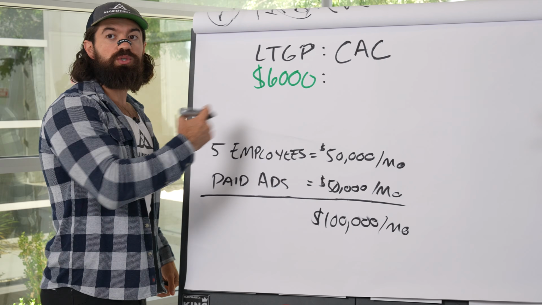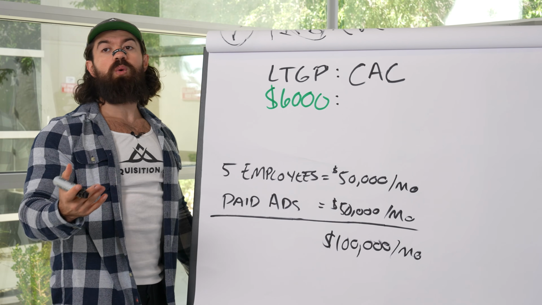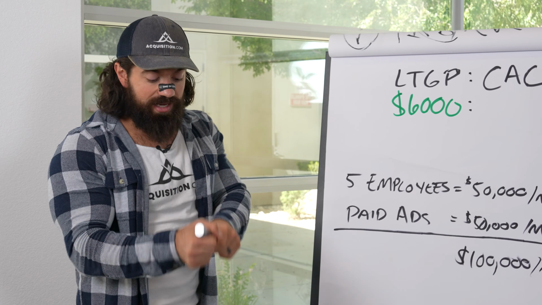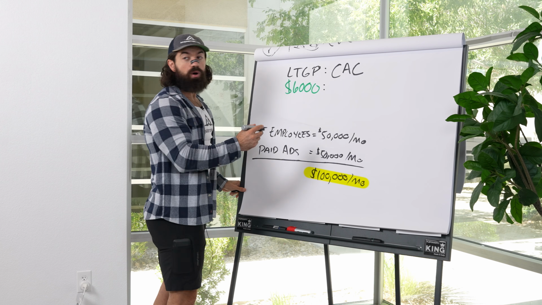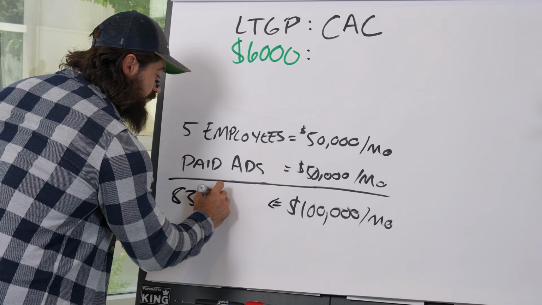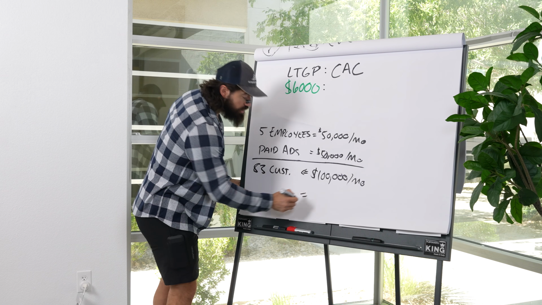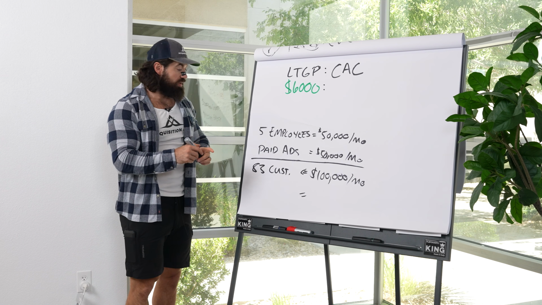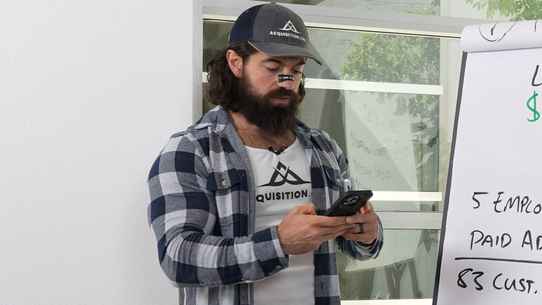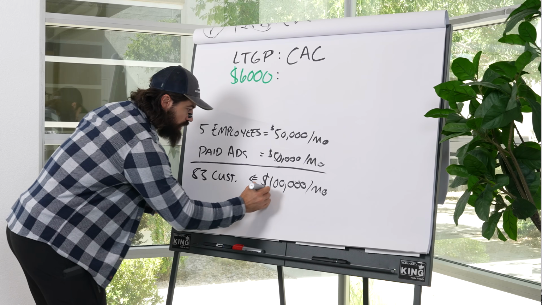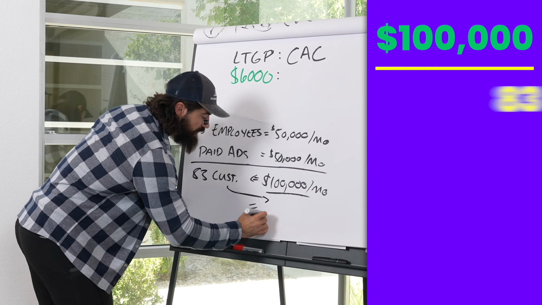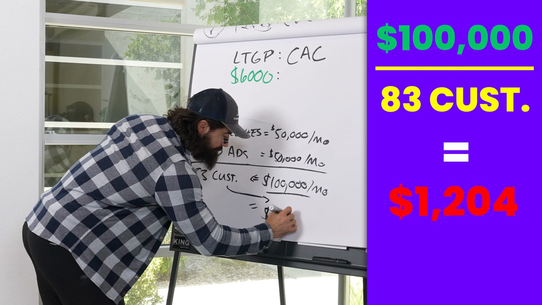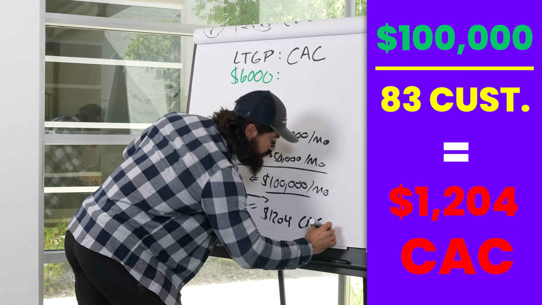And so then all we do is look back and say, okay, how many did we acquire over the last 30 days? Let's say this $100,000 bought us 83 customers. So our cost to acquire a customer would be 100,000 divided by 83. Survey says $1,204 cost to acquire a customer.